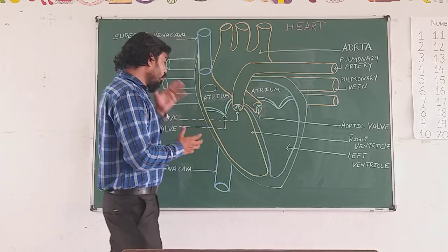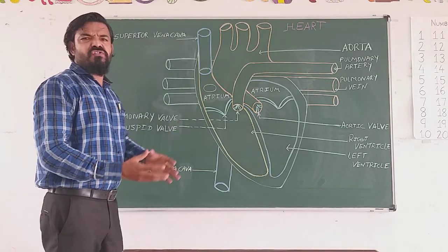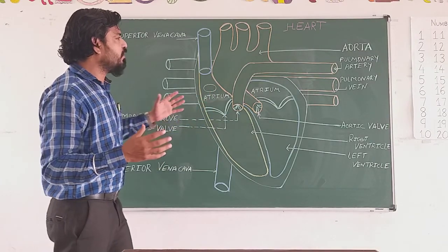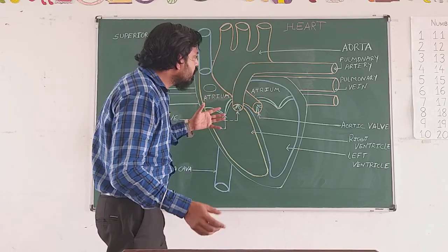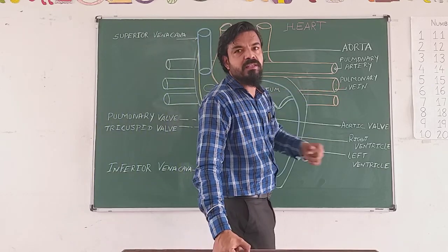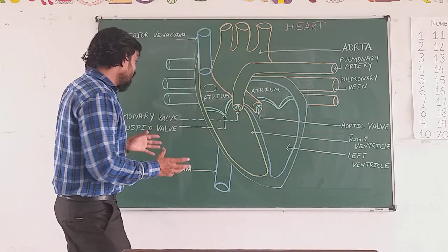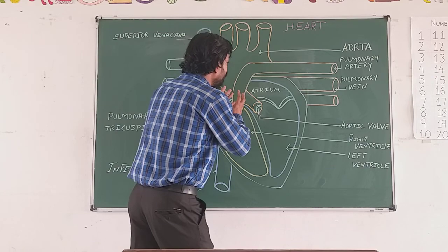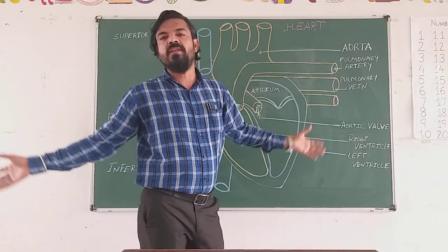So such a big force is not in the favor of veins. Because of this force, if it were a vein over here, it would destroy the pulmonary vein.